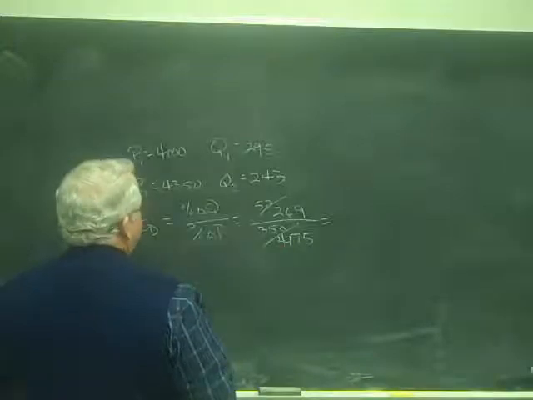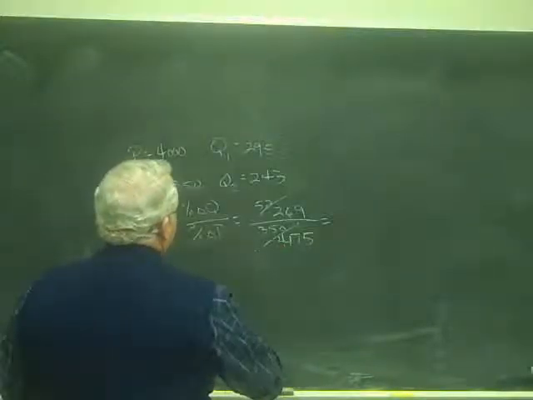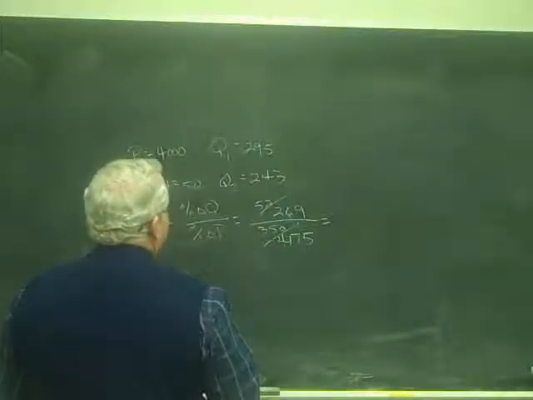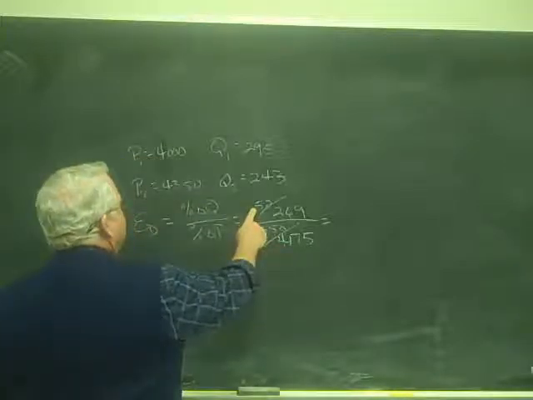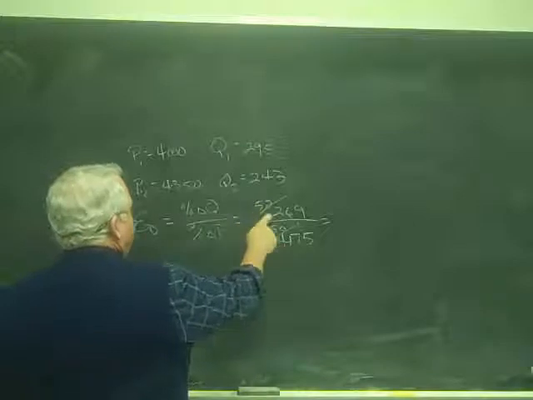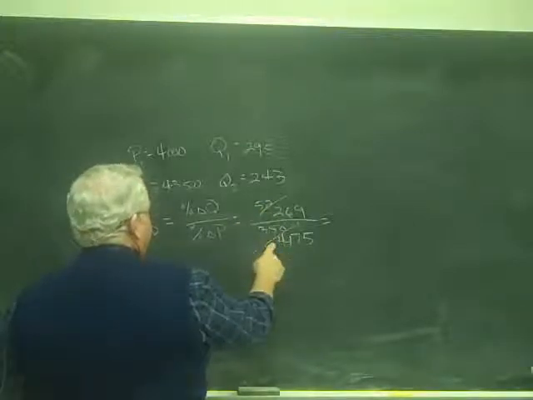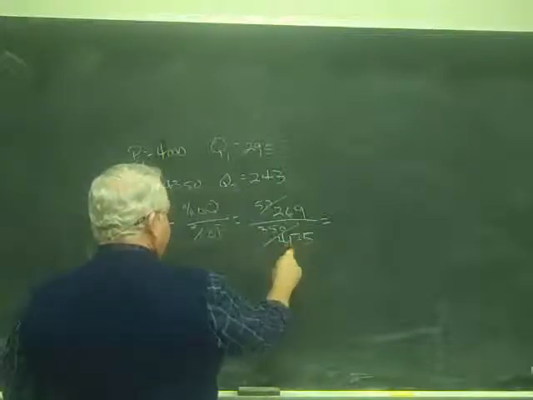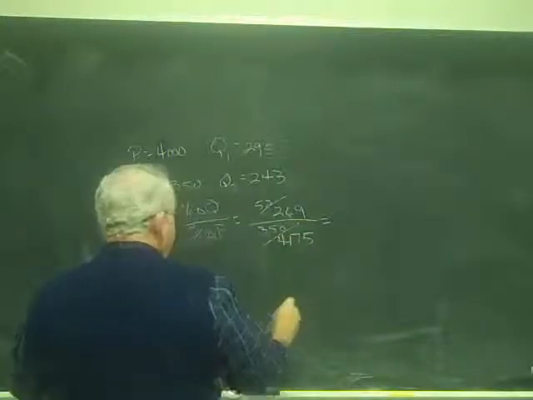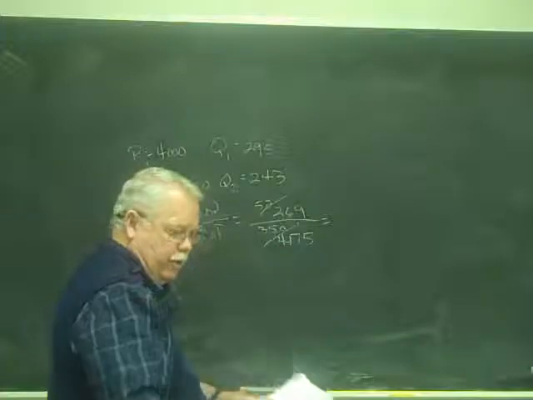Is my math off there? I have 4150. Is this right? That's what I got. Okay. 269, 350, and 4175, yeah. 4175, okay. I got a mistake in the paper here, but have I done the rest of it?